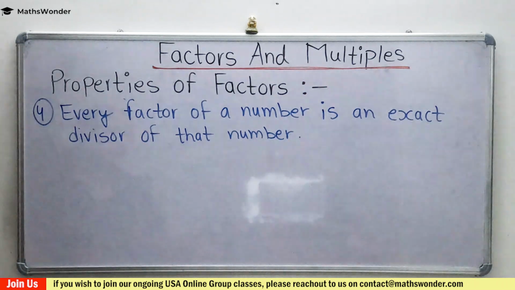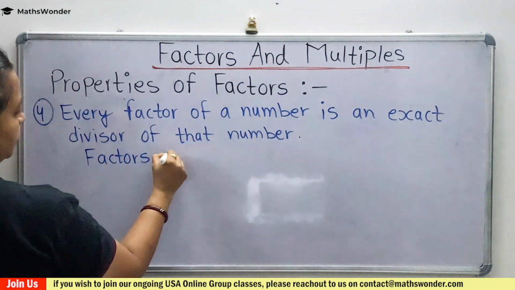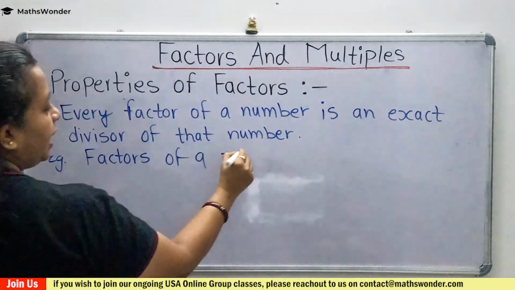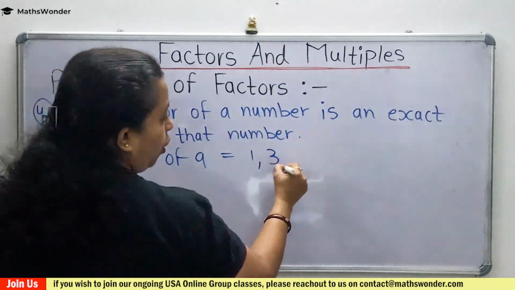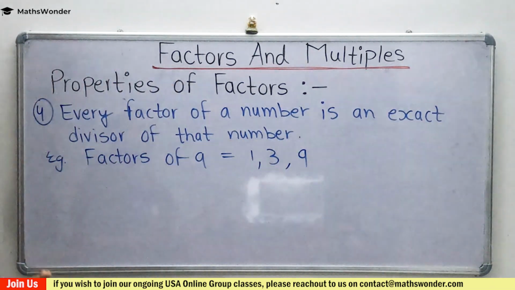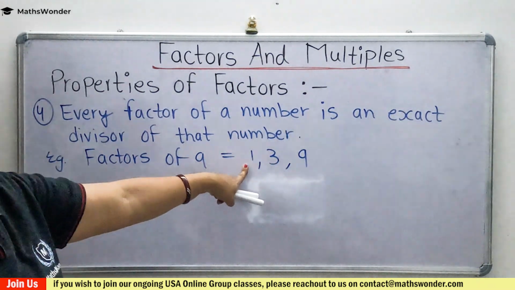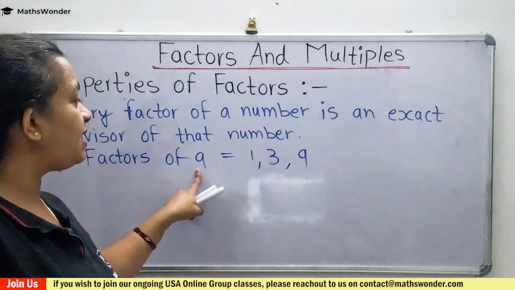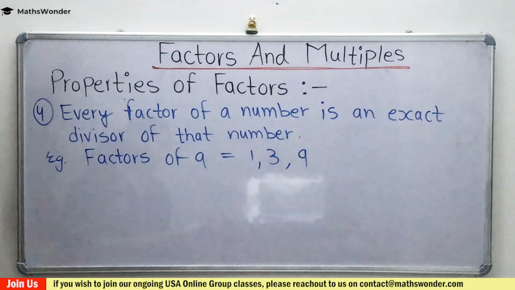Suppose we are finding the factors of 9. What are the factors of 9? 1, 3 and 9, right? So all are exact divisors of 9. When you divide 9 by 1, you get no remainder. Same with 3 and 9. 9 divided by 9, you get it exact, right?